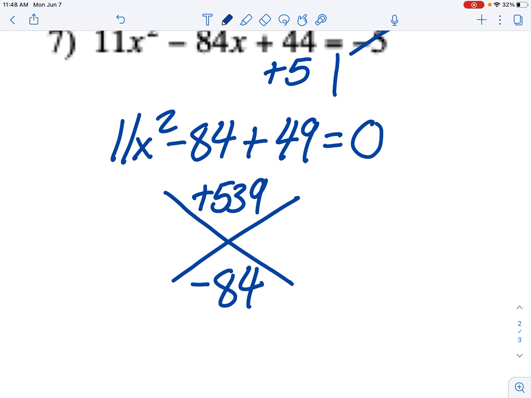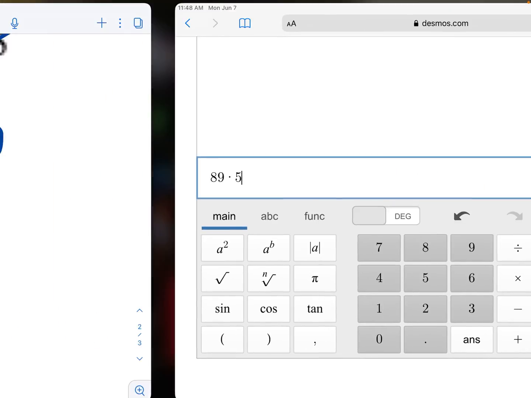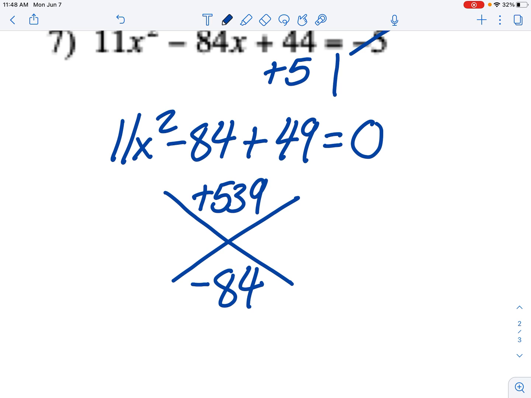I'm going to say 89 and 5. 89 minus 5 is 84. So let's see. 89 times 5. Nope. That's not going to work. They have to add, kiddos, to give us 84.